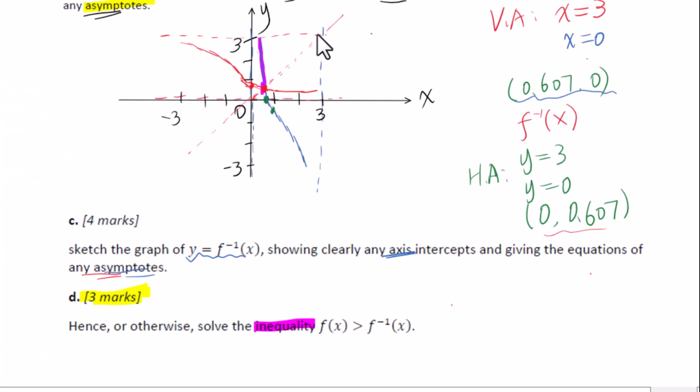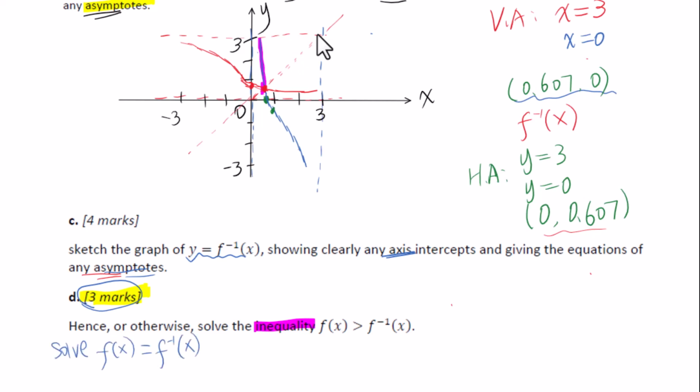So how to write down the work? Since this is 3 marks, it's not enough to write down the solution only. You need to show how you get the solution. Solve f of x equals inverse of f of x, x equals 0.372.